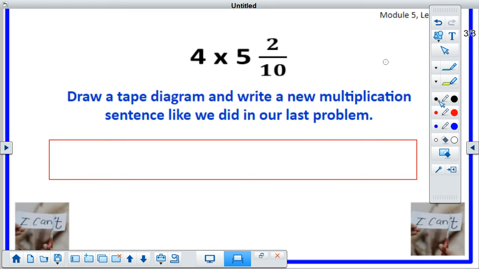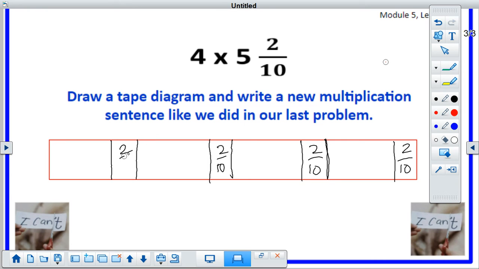So if there's 4 groups, I'm going to split it into 4 equal parts first, because that's 4 groups. And then for my fractional part, that's going to be a little bit thinner within those 4 groups. These will be my 2/10, 2/10, 2/10, 2/10. And what should go in the other boxes? My 5. So I have 4 groups of 5.